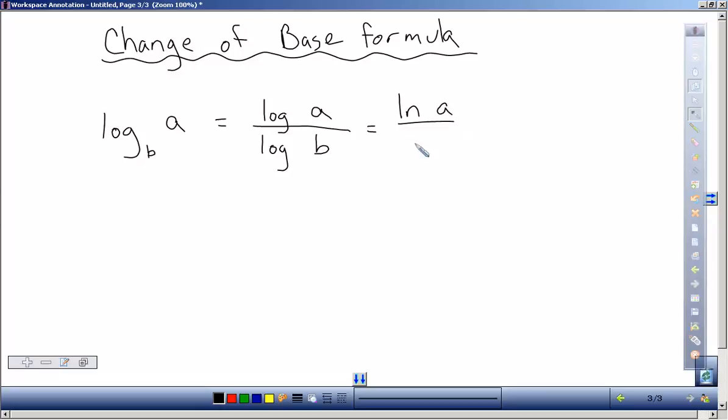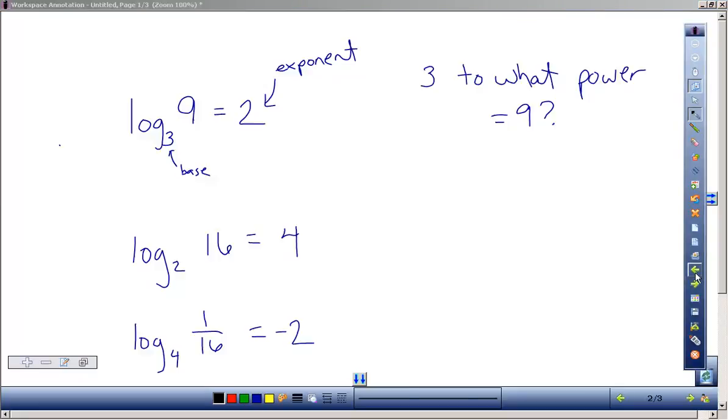It'll also work for the natural log, so ln of a divided by ln of b. You can actually use either one of the logs, but if you break it apart, take the log of this number and divide it by the log of that number, the base, then that will give us log base b of a.